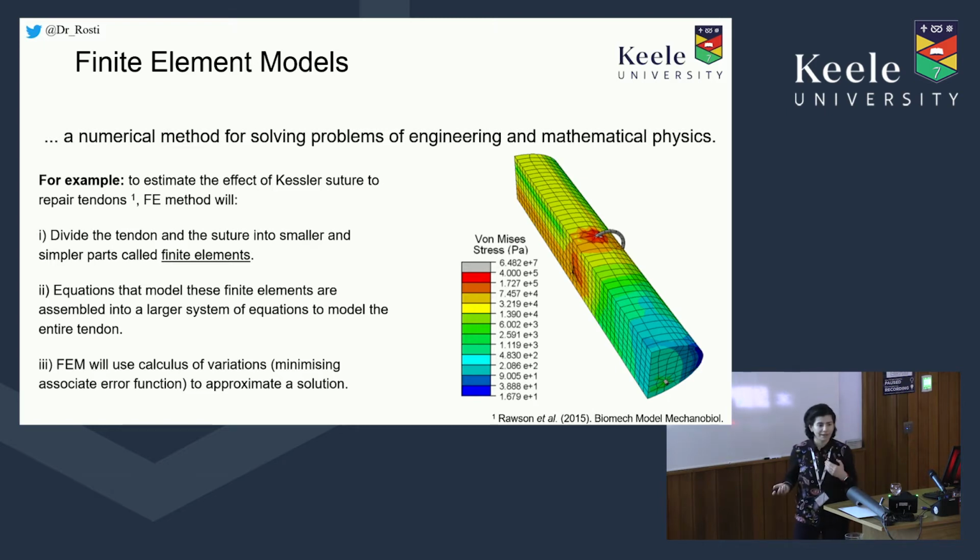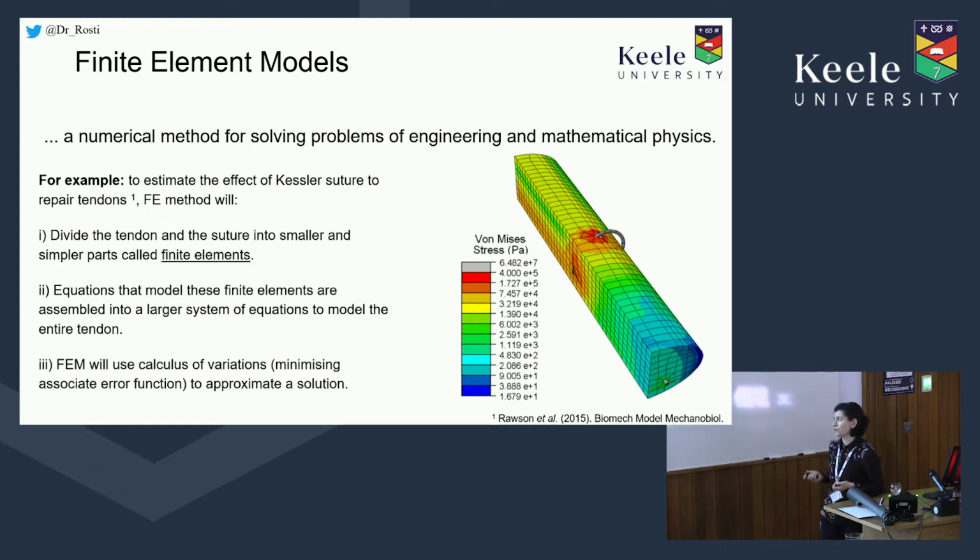And then you can look at the results of that. For example, in this case, there's a stress distribution across the tendon, and the suture seems to have created a lot of stress around this area, and then not so much when it comes out, but wherever it is tangling around, it's creating quite a lot of stress.